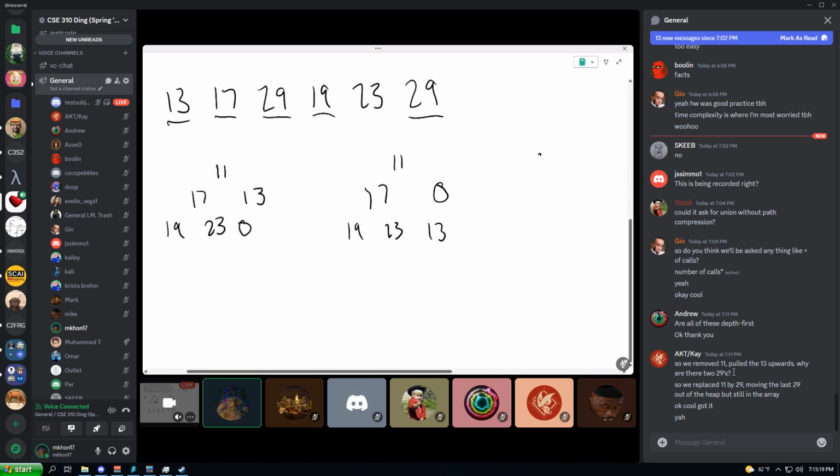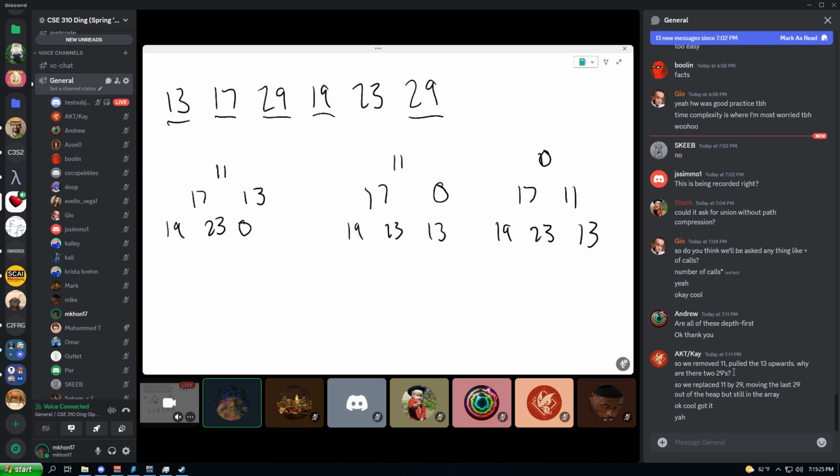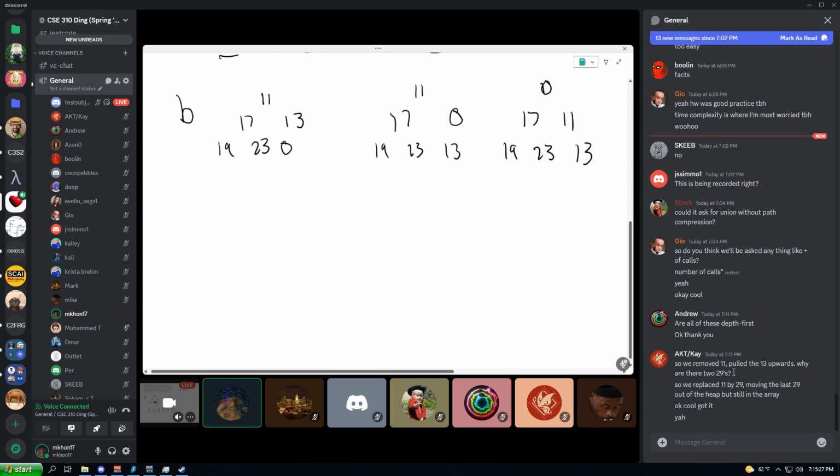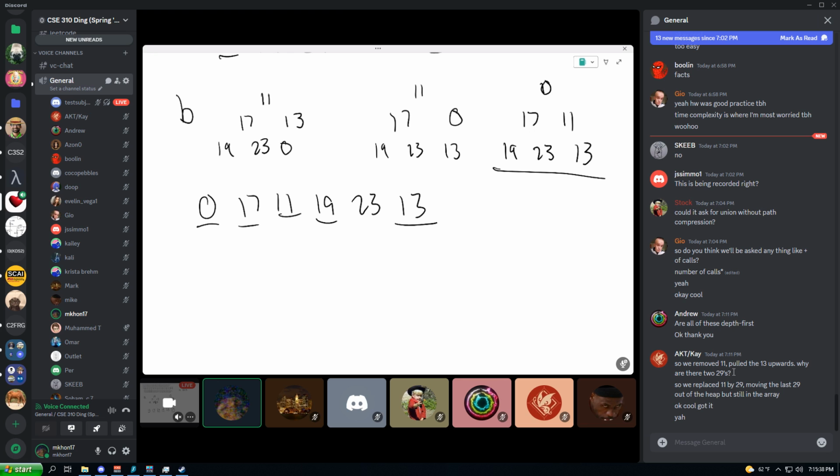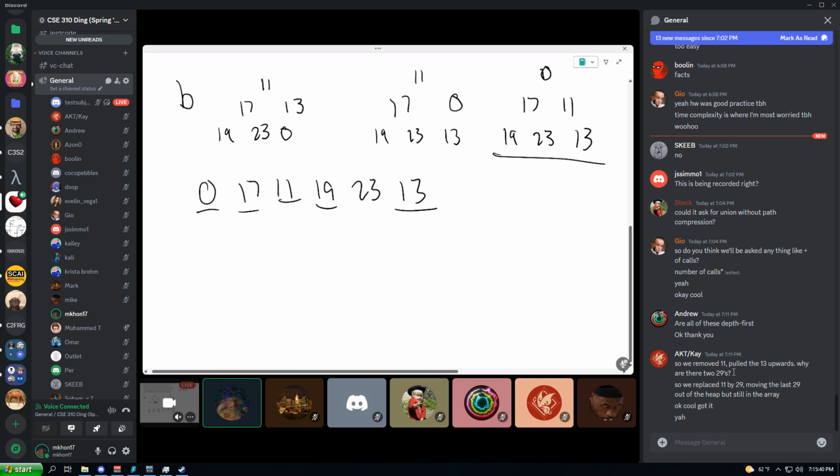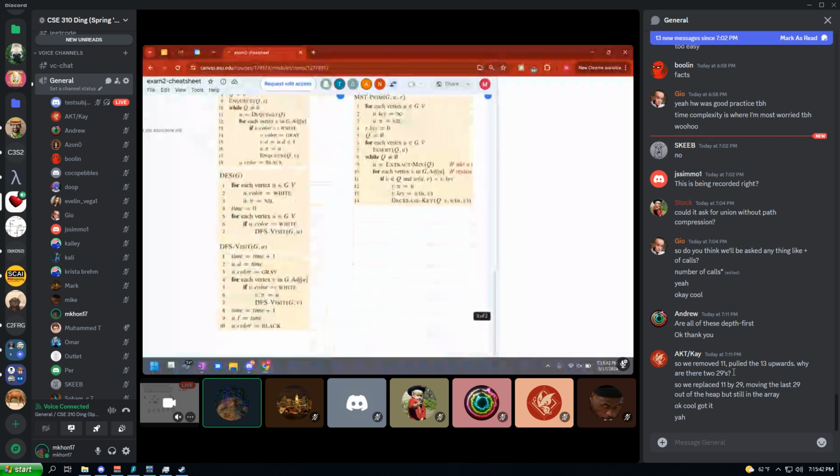And then the 11 was larger, so we move that down too. Once that's done, you take this heap and represent it as an array: 0, 17, 11, 19, 23, 13, and so on. And that would be your answer, which I believe is correct.